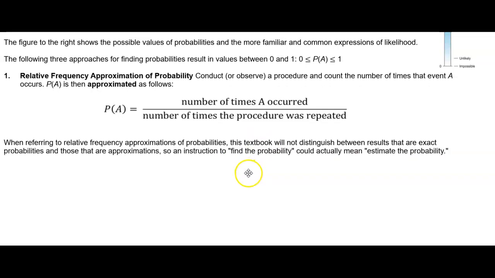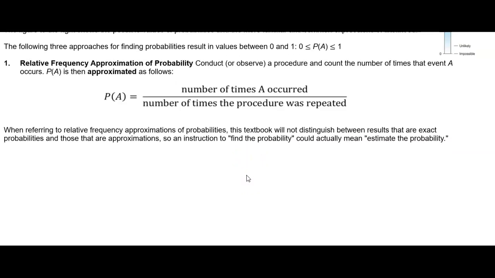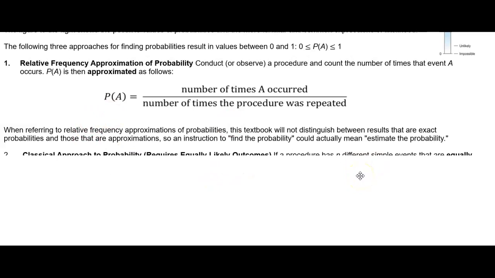When referring to relative frequency approximations of probabilities, this textbook will not distinguish between results that are exact probabilities and those that are approximations. So, an instruction to find the probability could actually mean estimate the probability.